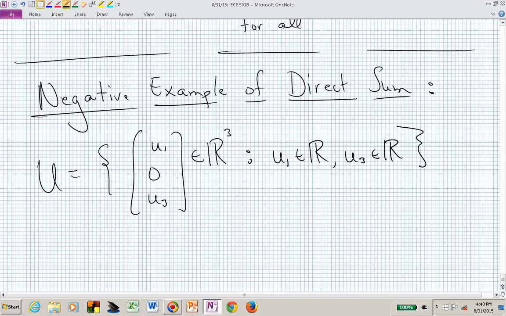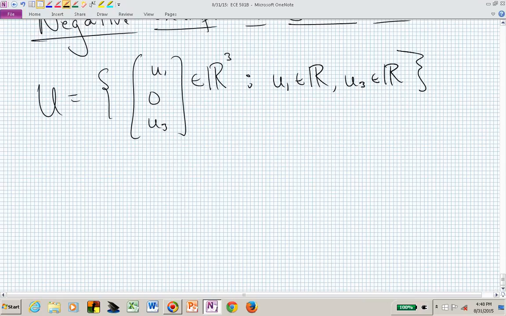So now this is the XZ plane, one way of thinking of script U subspace.